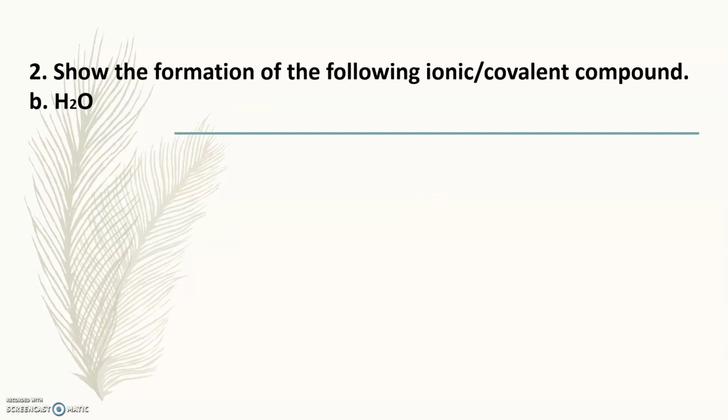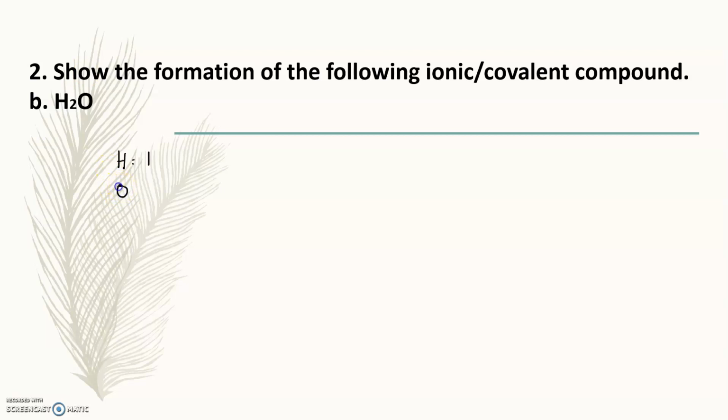Next is the formation of H2O. When you look, hydrogen is group number 1, so 1 valence electron, but there are 2 hydrogen atoms.